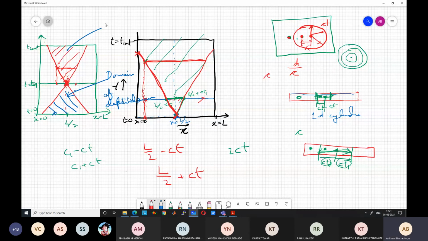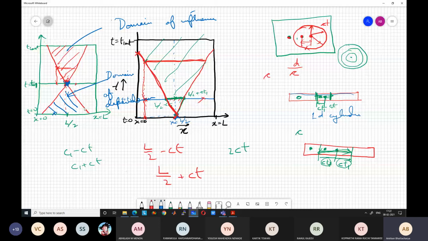These are already written in the notes, so you don't have to bother. I am just explaining again so that you have a better understanding. Anything within this region, if any perturbation is given, will be felt by this point P. So this will be the domain of dependence of P. I leave it up to you to find out why this is the domain of dependence.